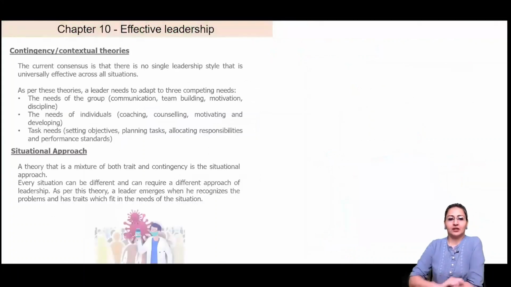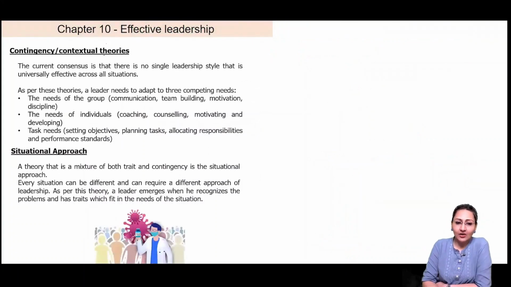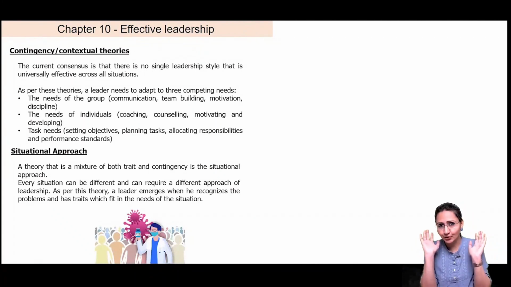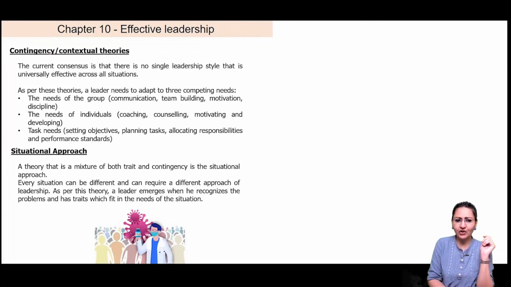Next come contingency or contextual theories and the situational approach. Now, there will be situations where you cannot identify that one particular style is the best. That means sometimes a leader has to go as per the situation, as per the contingency or context, which requires him to use his judgment to choose which leadership style to use. I have written this just for your knowledge and reading here.